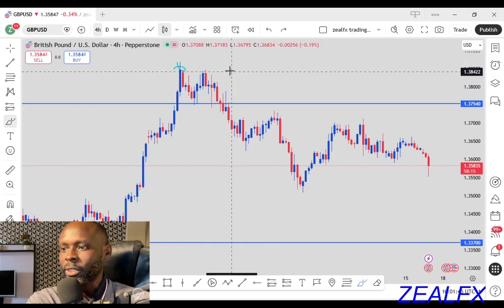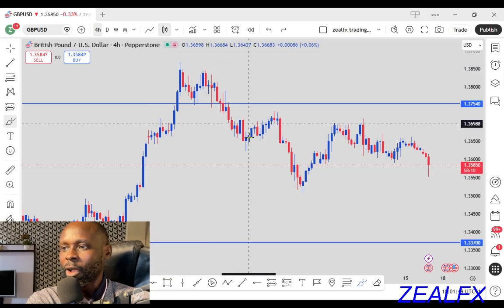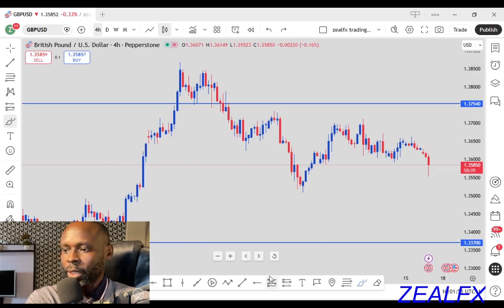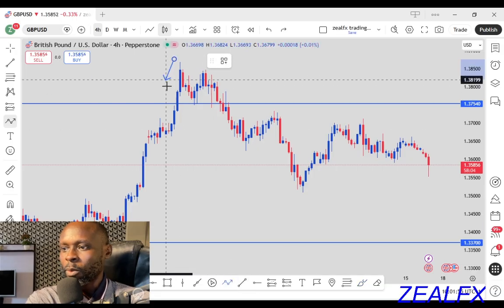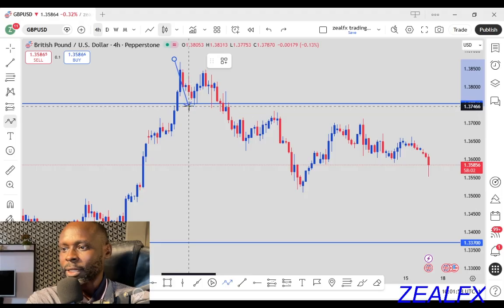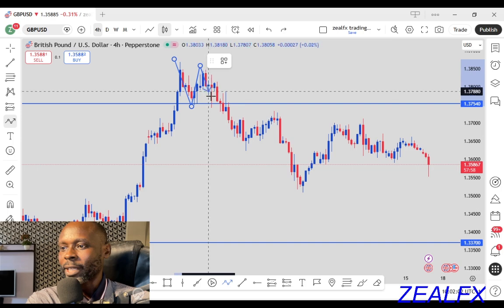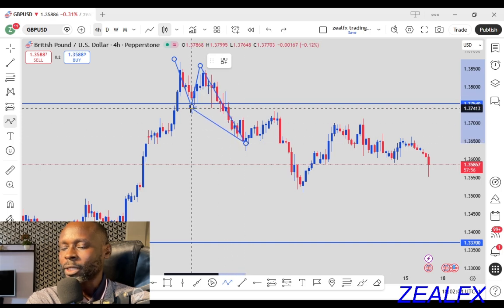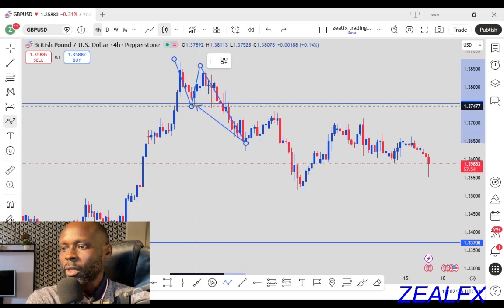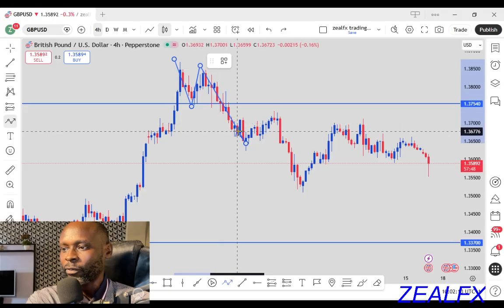So long as price creates this double top, this is an indication of price reversal on the British pounds USD. Once you see a double top on your chart, this is an indication of price reversal. You can see that price has closed below the double top neck, which is this level. So long as price closes below this double top neck level, it is an indication of reversal trend for the pounds USD.